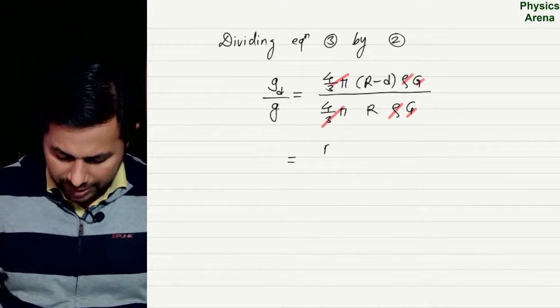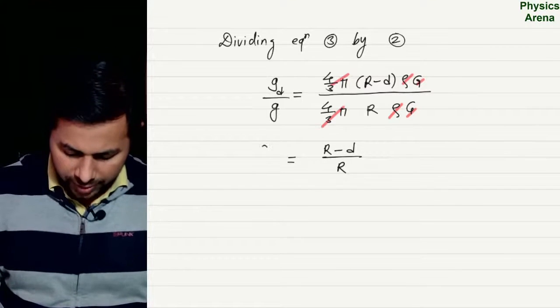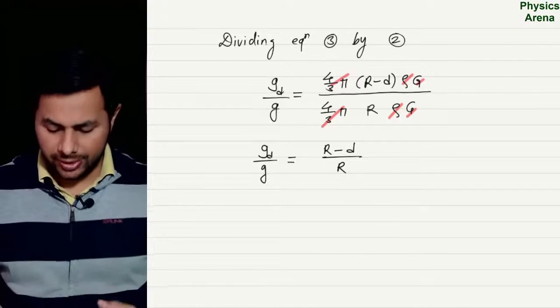It is r minus d divided by r. This is g at depth d divided by g on earth surface.